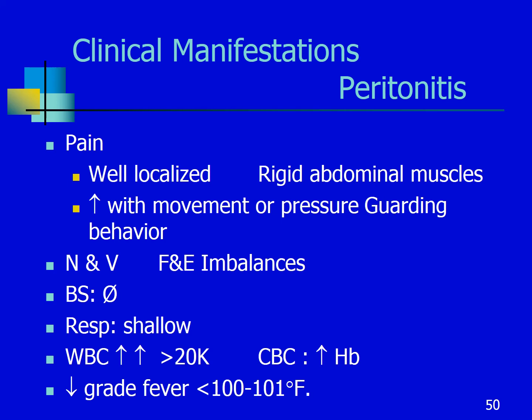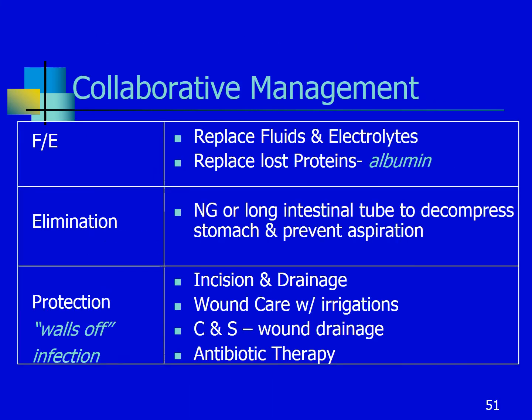Bowel sounds would not be active. The respiration will be shallow. If you do a WBC, you will see that there's increased WBC. H&H will be higher. There's a low-grade fever, usually 100 to 101. Next slide.